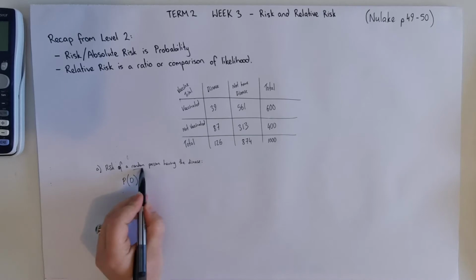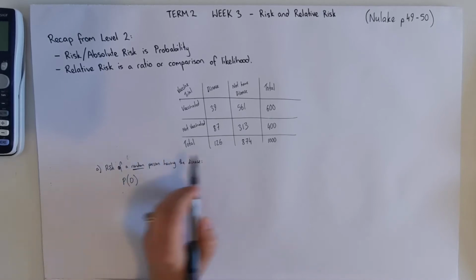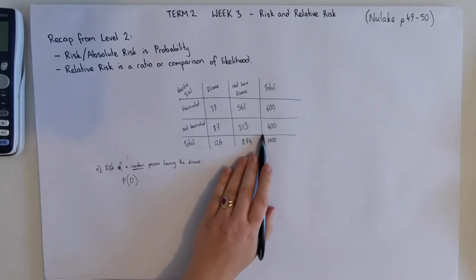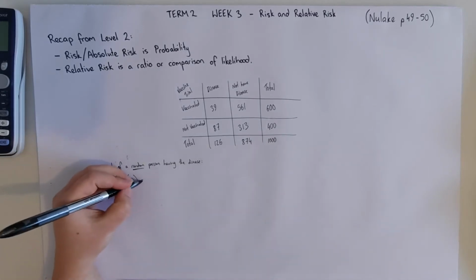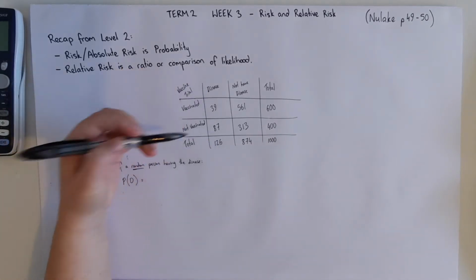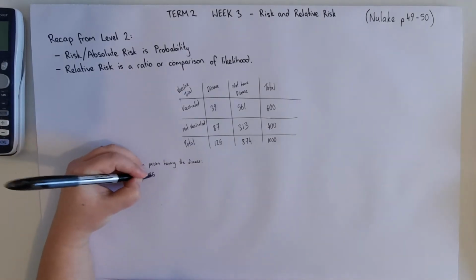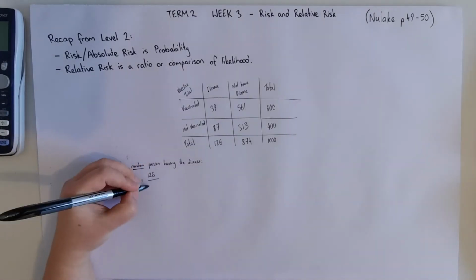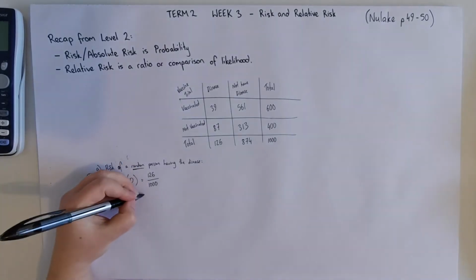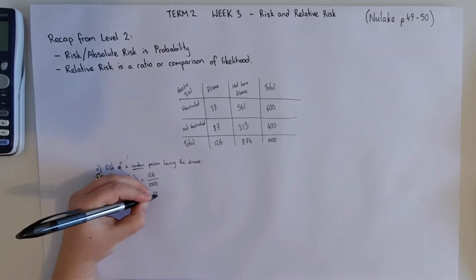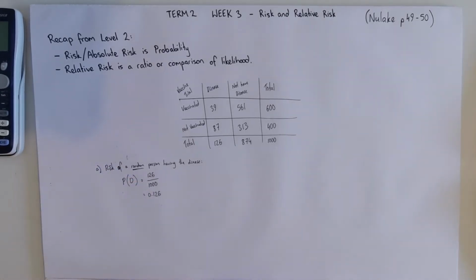The only reason I'm saying random here is to show that it is out of our total sample size of 1,000. That means that we're looking at every single person with the disease, which is 126. And as I just said, that is out of everyone in this sample, 1,000. Which of course is 0.126.